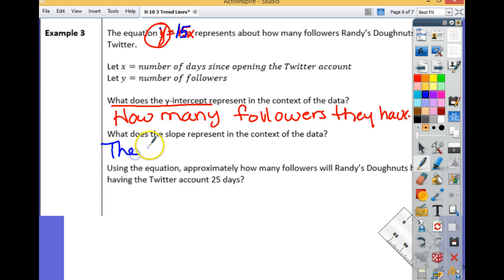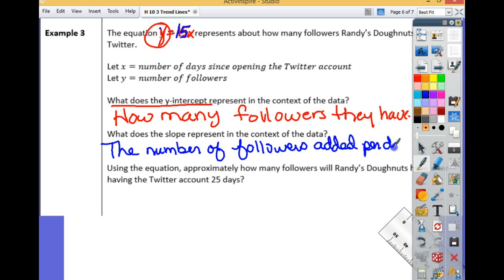Yes. The number of followers added per day.